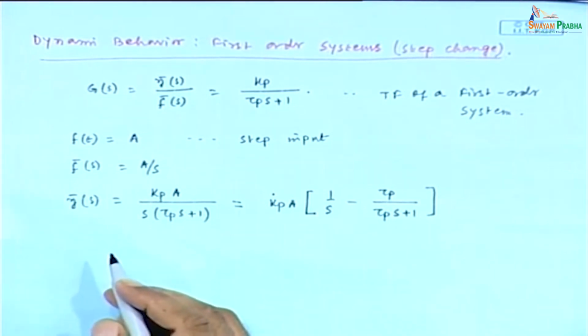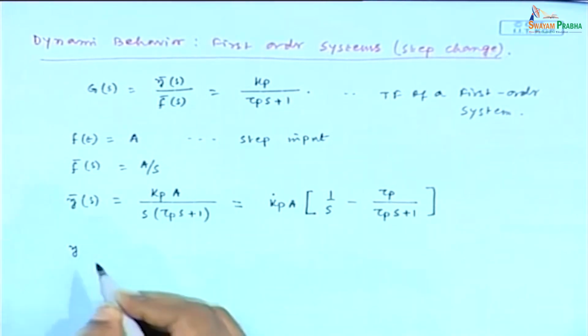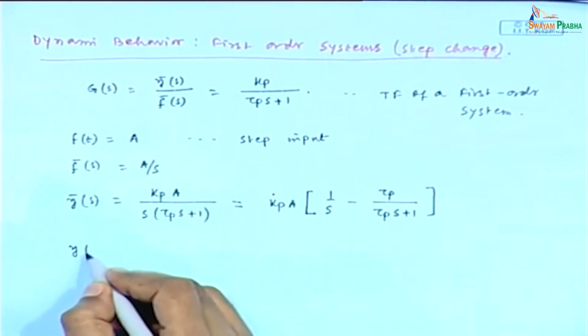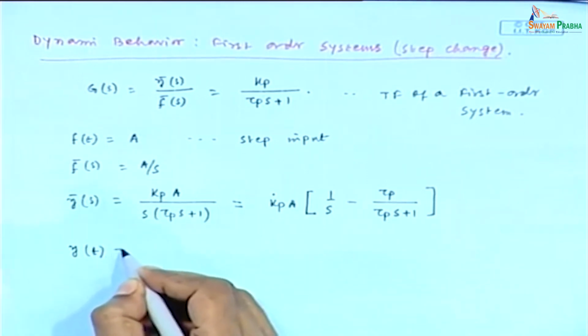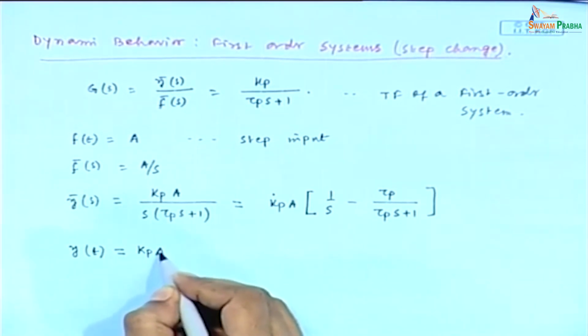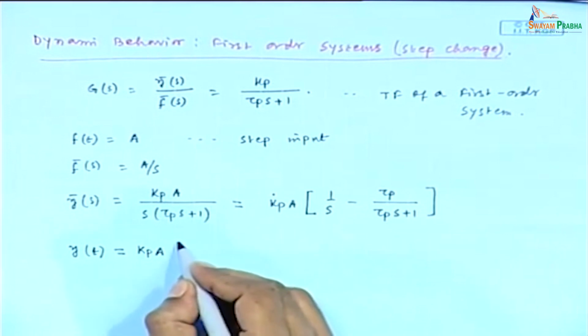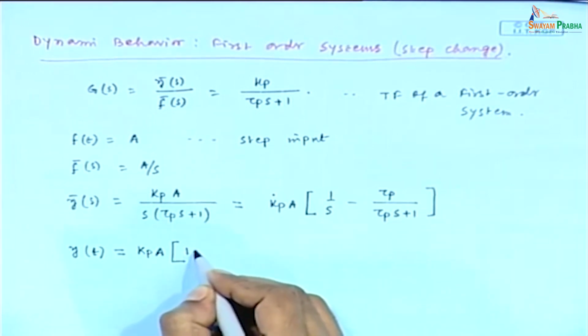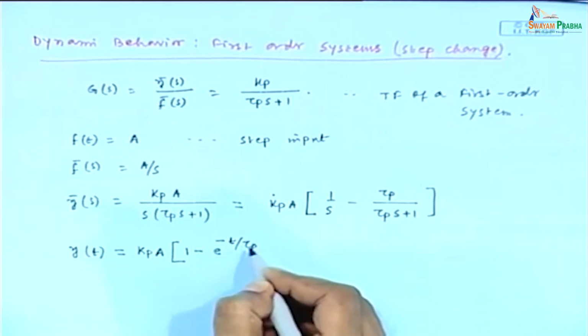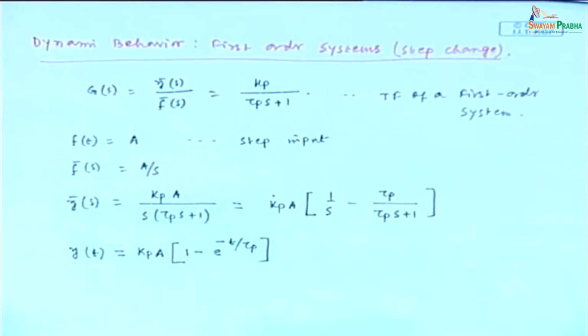Taking inverse of Laplace transform, we get the output y in time domain as Kp A (1 minus exponential of minus t divided by tau p), fine.